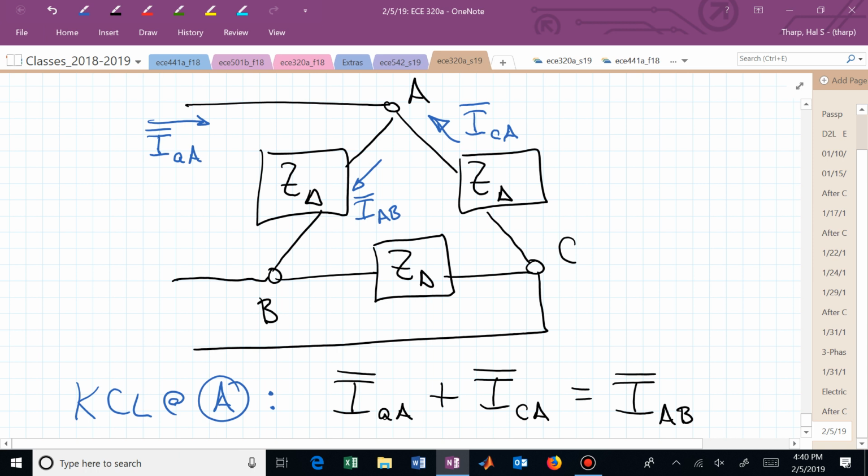And now I can relate the line current, I sub AA, to the phase current just by writing one KCL equation.